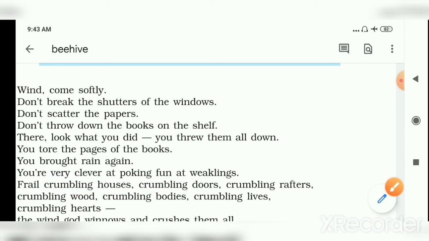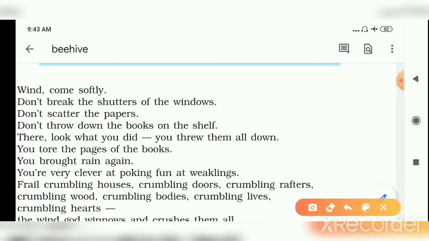What have you done? You have crumbled the house. You are very clever because you are crumbling, breaking doors. You are crumbling rafters, one kind of rubber, what can be bent easily. You are crumbling wood.